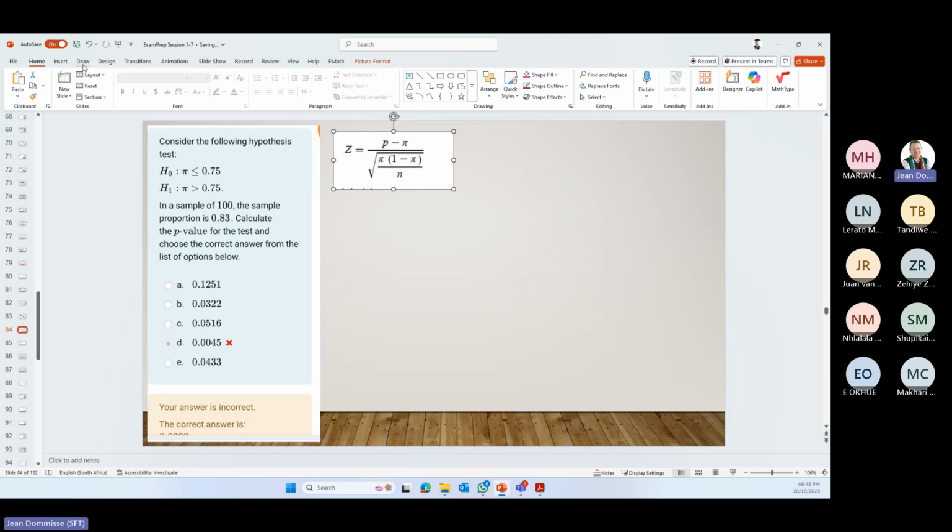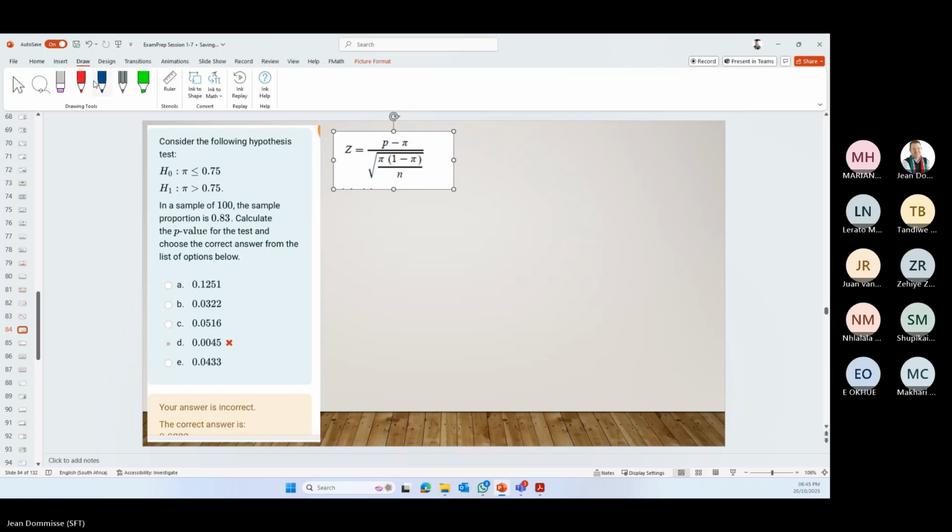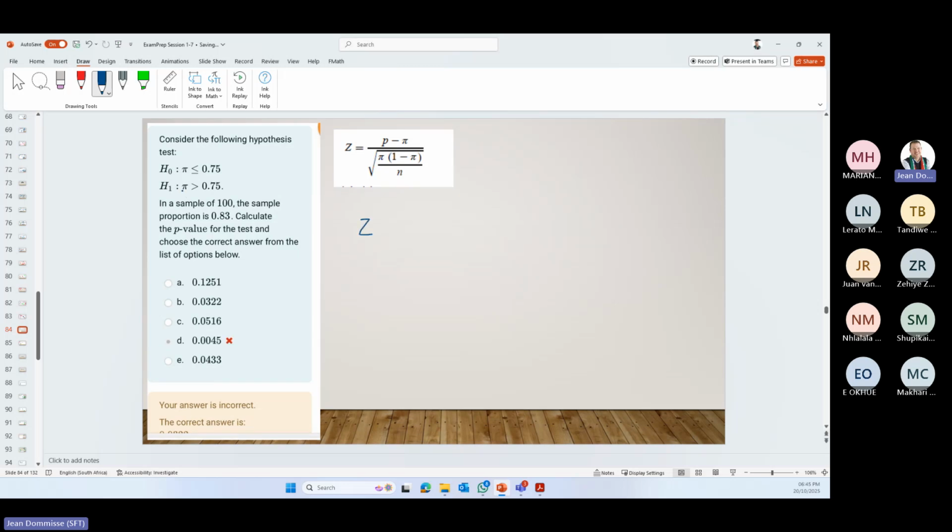So let's go and check this. I want to work out a Z, and wherever that Z is, it needs to be smaller. Hopefully it's a negative number, because what I see here should be something small, but let's just make 100% sure.